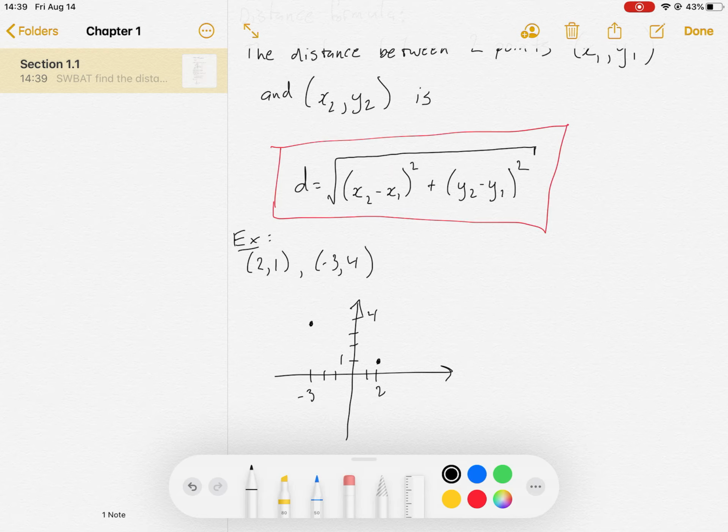So when I'm trying to calculate the distance, what I'm really looking for is the length of this line that connects the 2 points.